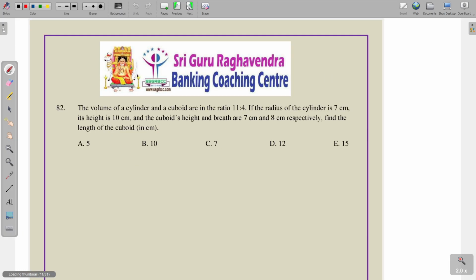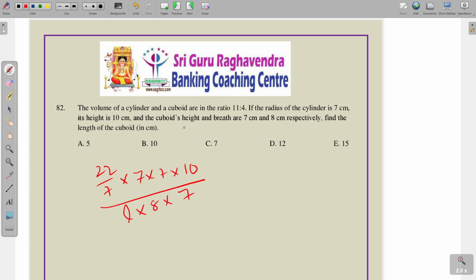So next question, the volume of cylinder means 22 by 7 into r square, 7 into 7, height is 10, r square h, and cuboid LBH, they want L and they given B is 8, H is 7, height and breadth 7 8 equal to 11 by 4 is the ratio.